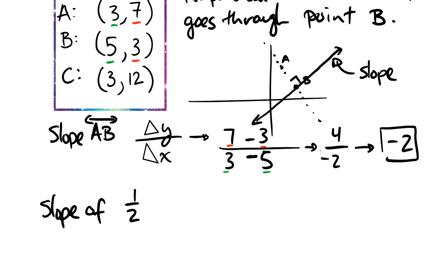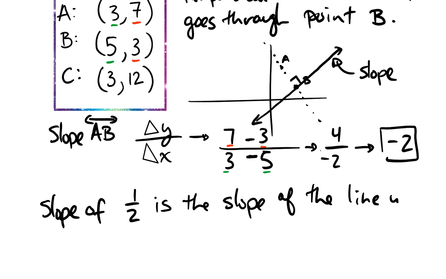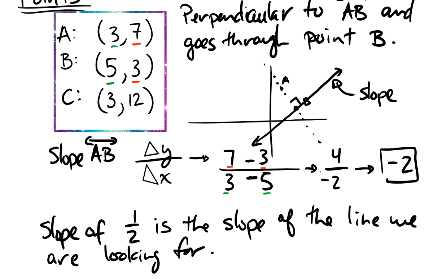That slope is the slope of the line we're looking for. By the way, if I didn't say this, my suggestion is that you just pause this, do it yourself, and then fly forward to the end and check the answer.